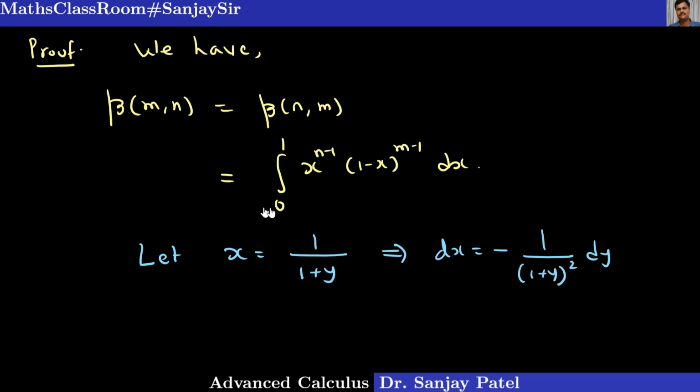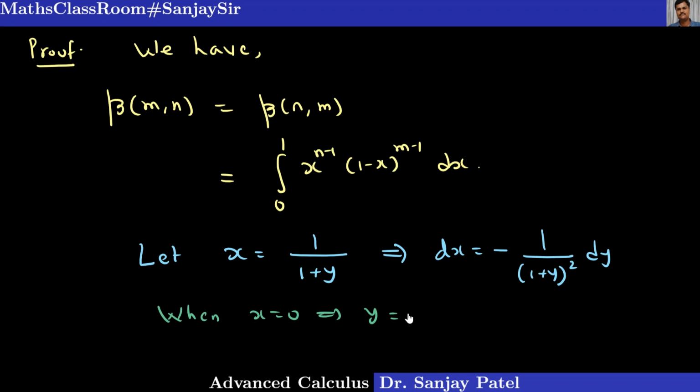Further, about the limits of integration, when x is equal to 0, what is the value of y? You can calculate that from this relation. If you put x equal to 0, 1 upon 1 plus y becomes 0, and the reciprocal is 0 only if 1 plus y is infinity.